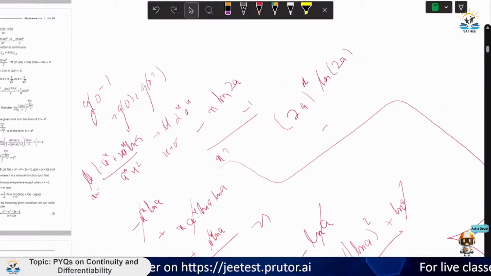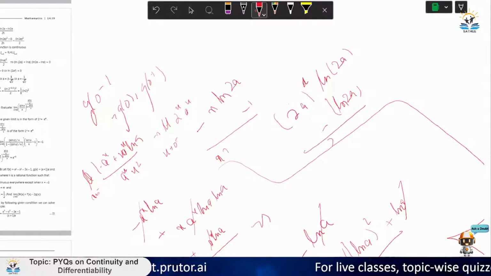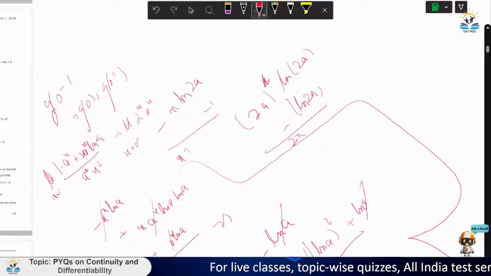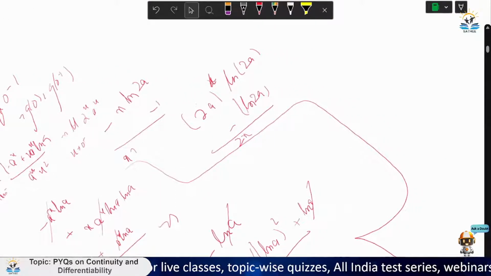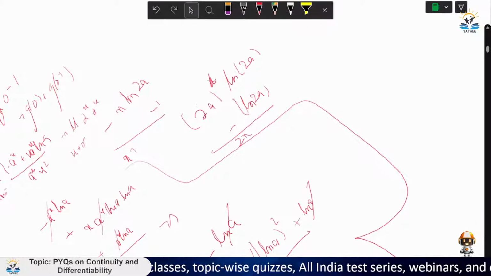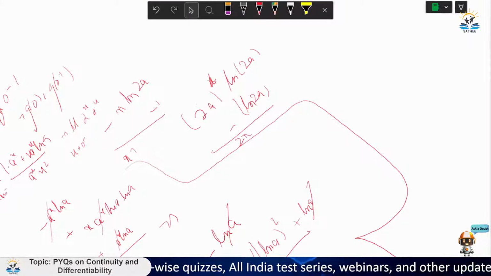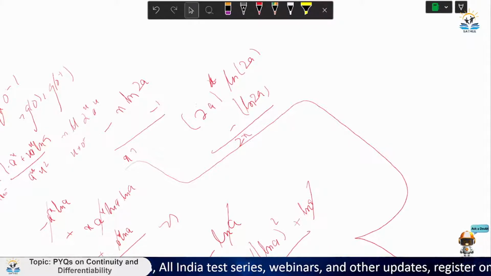Okay. So now I have to differentiate this, right? So ln 2a remains as it is and x differentiates to whatever it was, and I'm left with 2x at the bottom. So now at x equals 0, I'm getting a zero at the bottom, and a zero above as well, right?